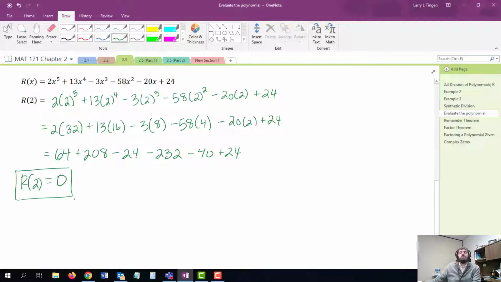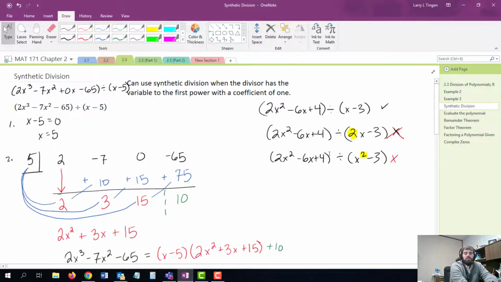Now, I said these should look familiar because if I go back a page to my synthetic division example, I had this problem, 2x cubed minus 7x squared minus 65 divided by x minus 5, and I found a remainder of 10.